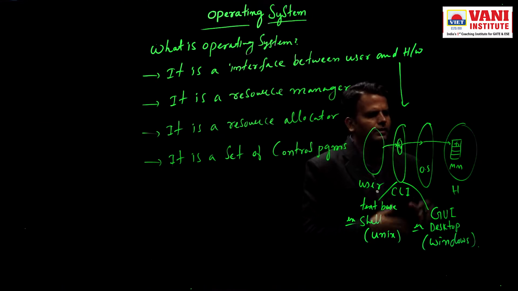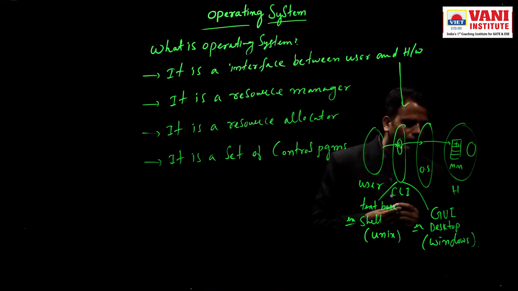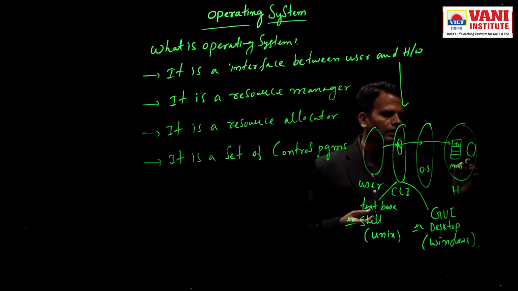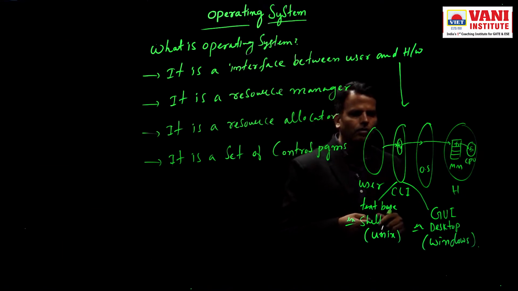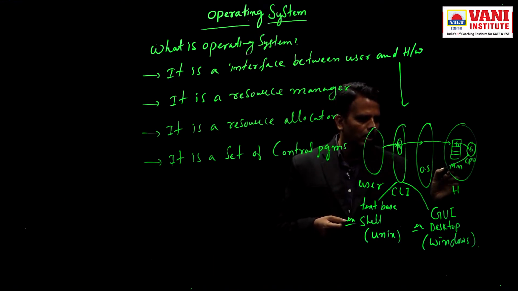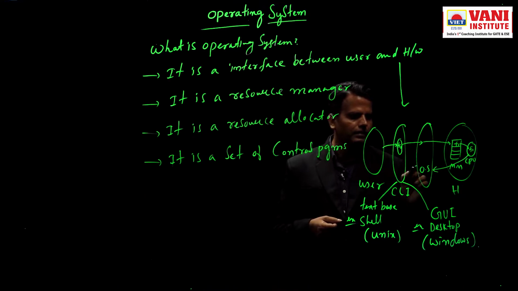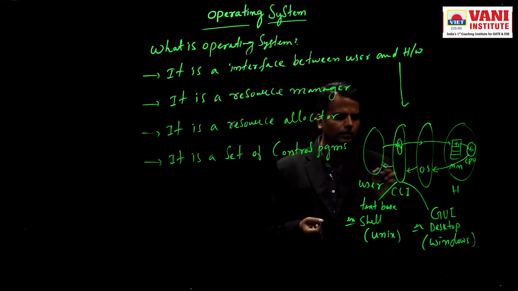Now assume that this file is present inside the main memory. Since we want to access this file F1, OS needs to schedule this F1 on CPU. Now file 1 is running on CPU. After that operating system will get back the result of this file as an output, and it will return it back to the user.